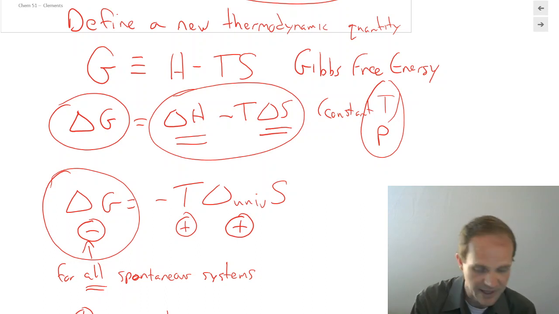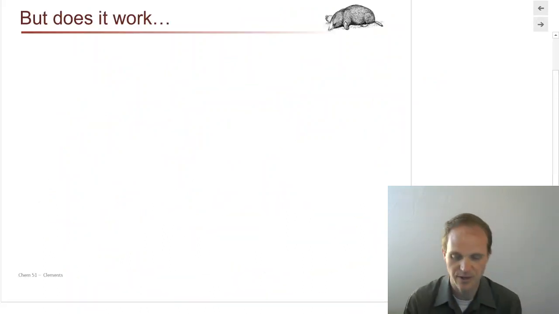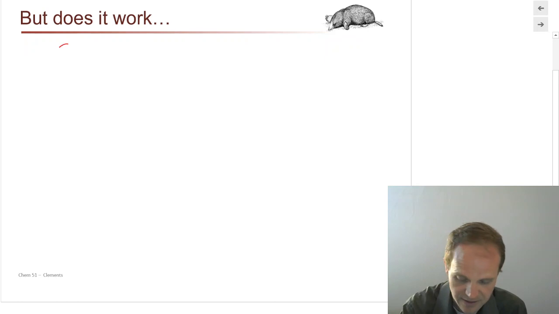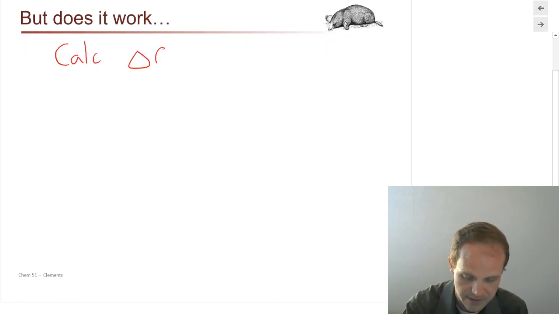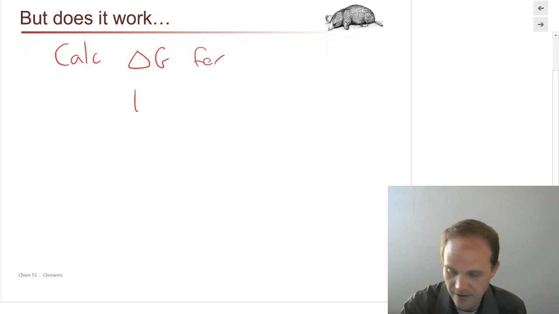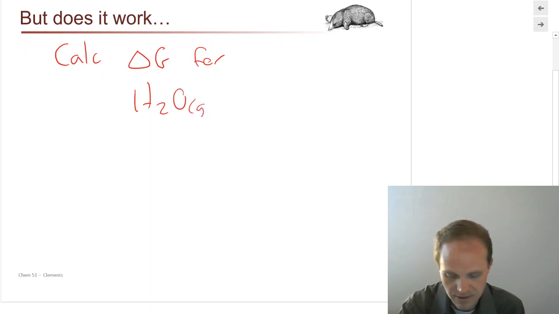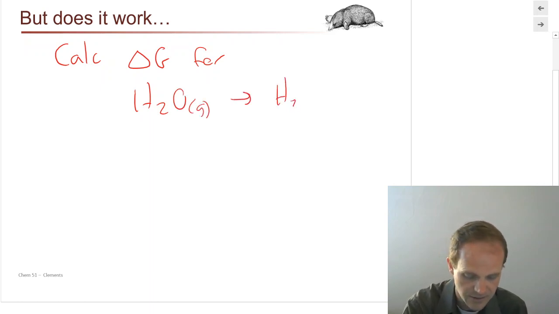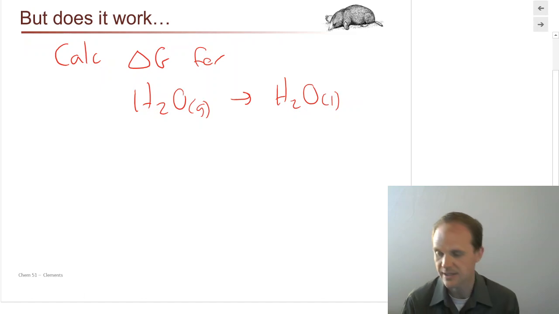So let's go ahead and see how well this works. We're going to calculate delta G for this very simple reaction. H2O gas goes to H2O liquid.